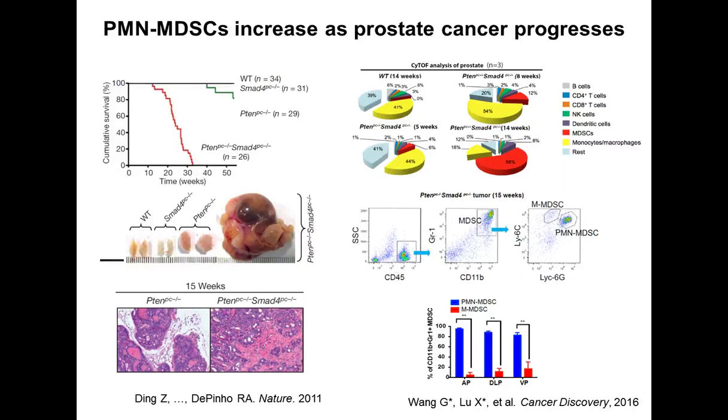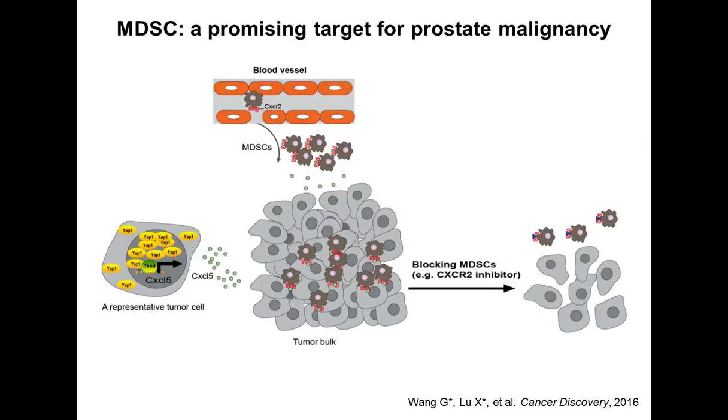The flow cytometry also shows that the MDSC population in this mouse model is mainly dominated by polymorphonuclear MDSCs. This is true across different lobes of the prostate, the AP, the DLP, and the VP, shown at the bottom. Those are phenotypic data. I won't go into the details of this paper because it was published more than one year ago.